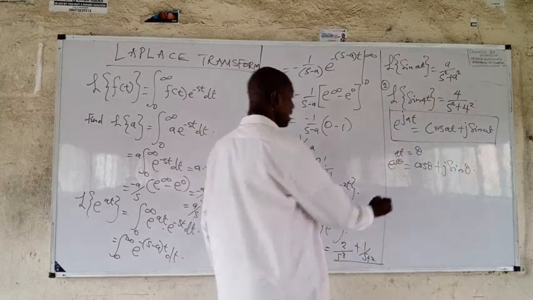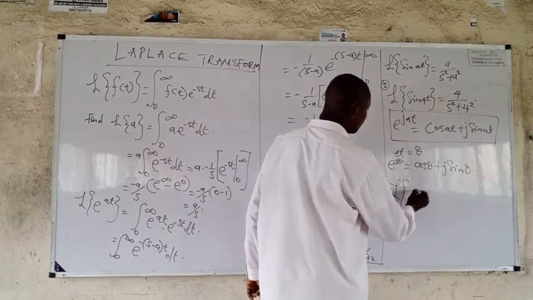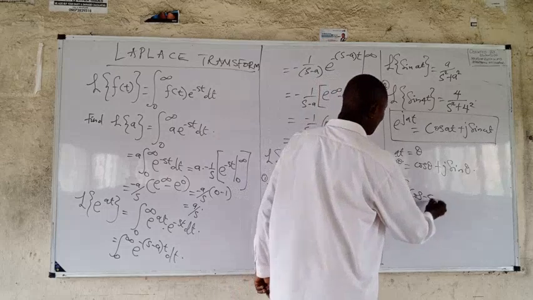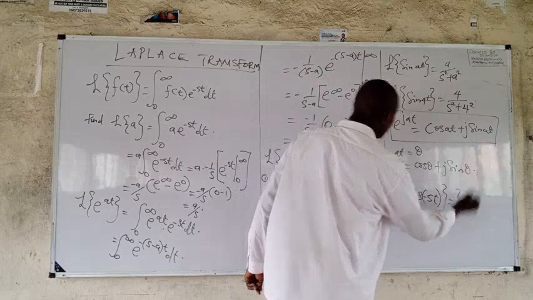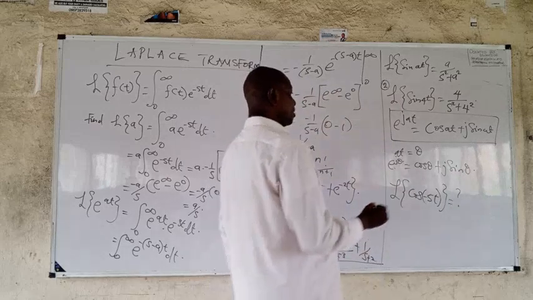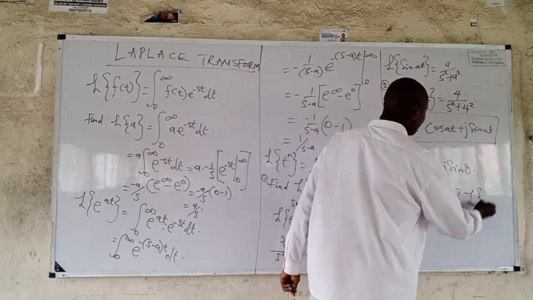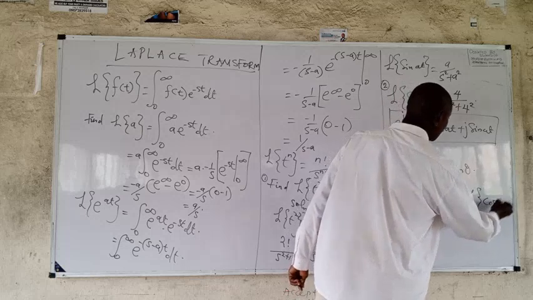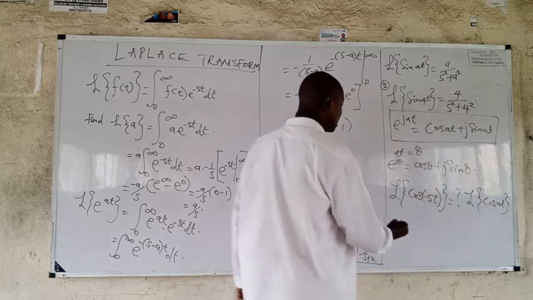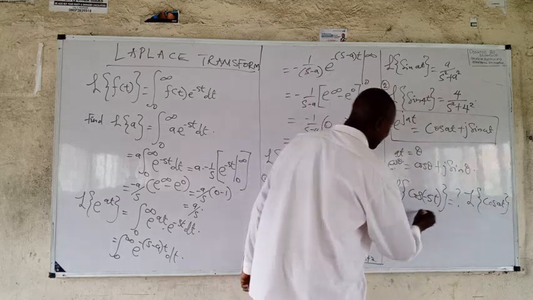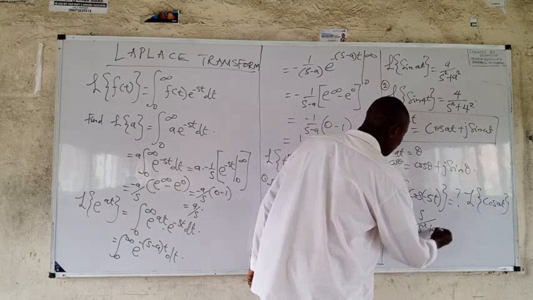So again, the Laplace transform of cos minus 5t. If we are expected to work on this, what do we do? What is Laplace of cos AT? Laplace of cos AT is equal to s over s squared plus a squared.